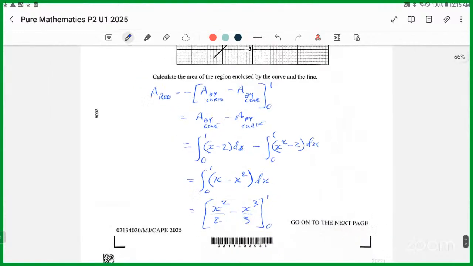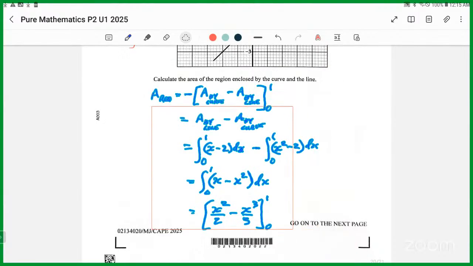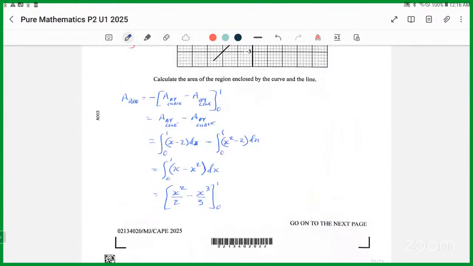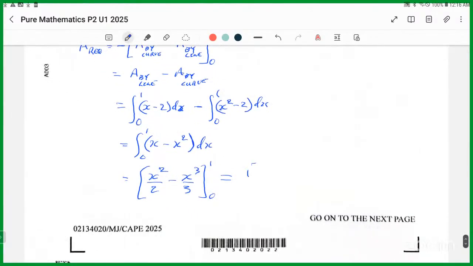This becomes 1 squared over 2 minus 1 cubed over 3. Then you plug in 0, get 0. Subtract 0. Whatever that answer is, in units squared.